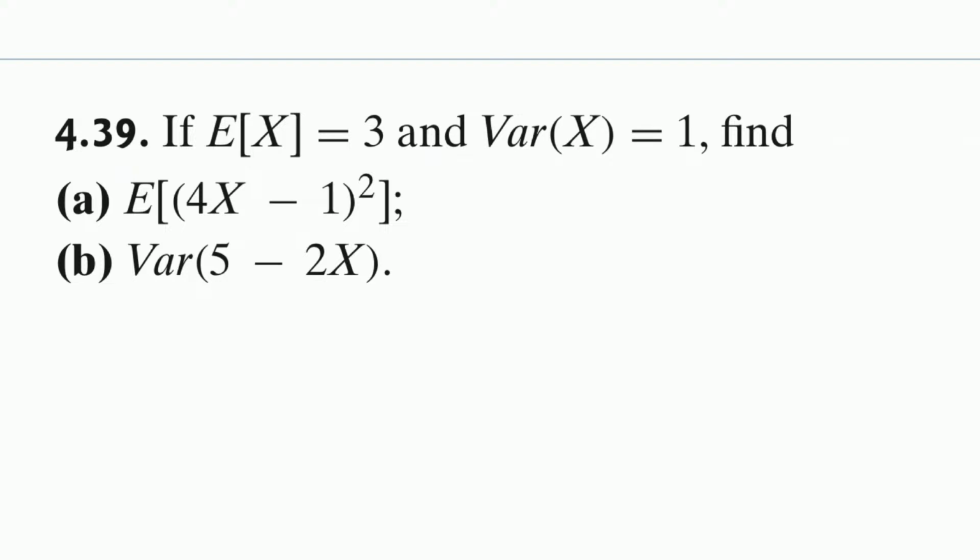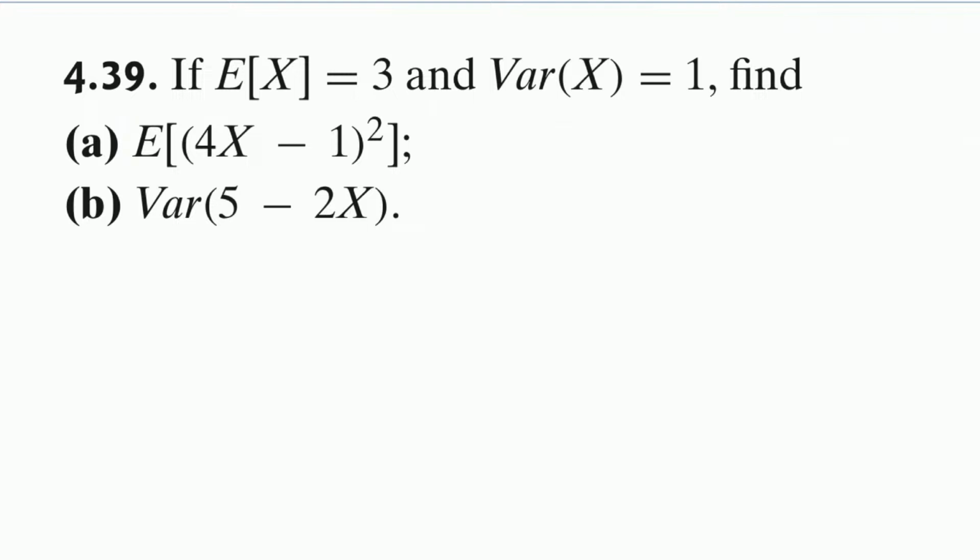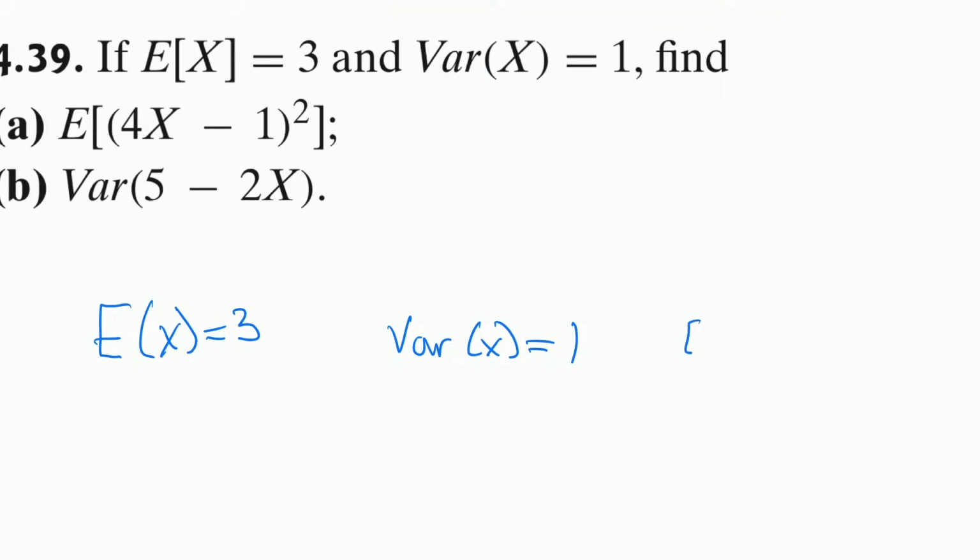Okay. So here's your information. You have the expected value of x is 3, and the variance of x is 1. Your job, so I'm not going to do this completely for you, but I will get you started on it. Your job is to come up with the expected value of x squared using this information here.